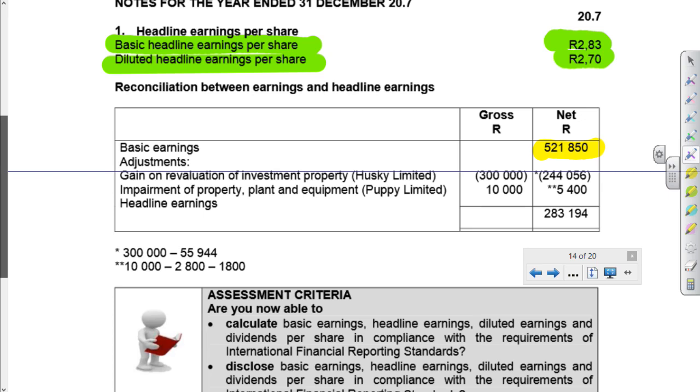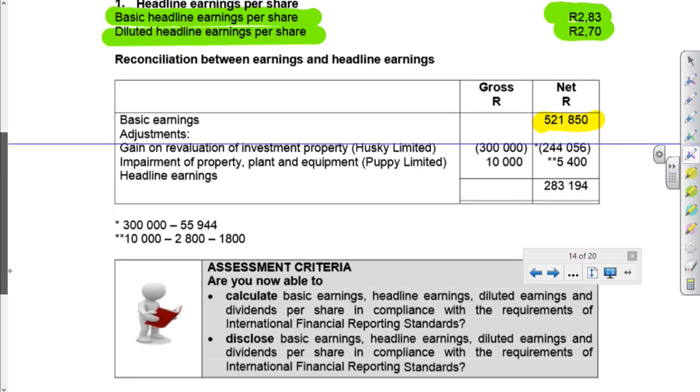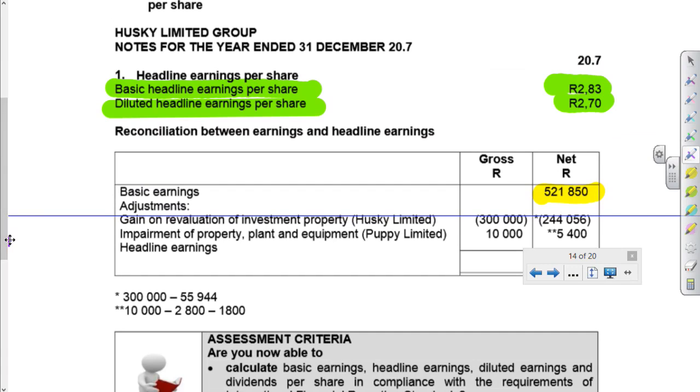So 300 after tax was 244,056, and 10,000 after tax of 28, after minorities of 25, is 5.4. Headline earnings, 283,194. Yeah, and remember that headline earnings doesn't change number of shares.